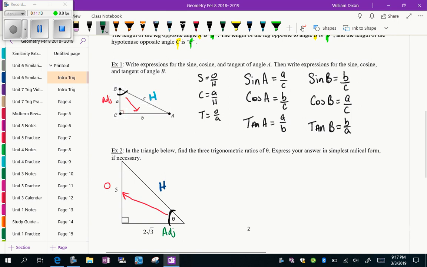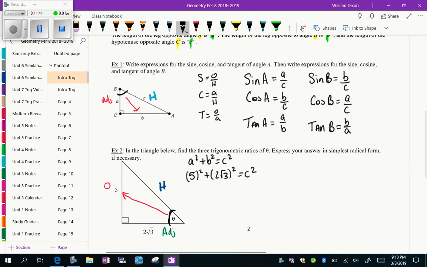That's right, Pythagorean theorem. That's going to be a squared plus b squared equals c squared, where c is the hypotenuse. So I'm going to set it up. I'm going to have 5 squared plus 2 radical 3 squared equals c squared.